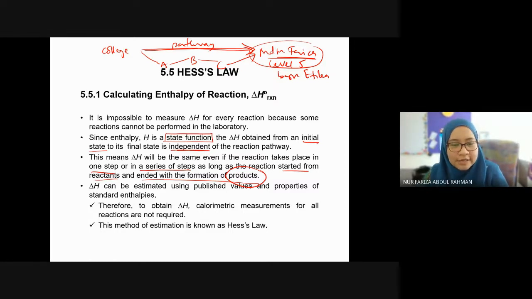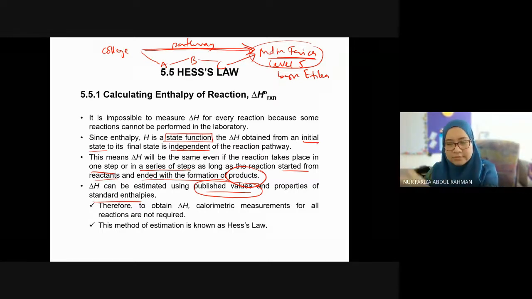So delta H can be estimated using published values and properties of standard enthalpies. We are going to rely on the published values, especially if we use a series of steps. The straightforward way is often something we cannot perform in the lab. For example, if you want to produce magnesium oxide, magnesium plus oxygen gives magnesium oxide.